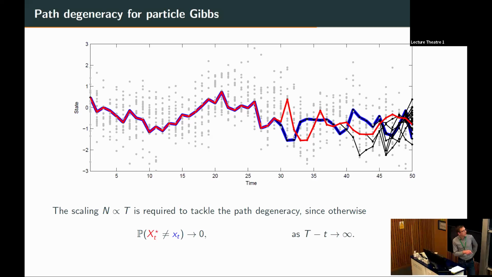This means that for early time points in this trajectory, the probability of moving goes to 0 as T becomes large, if we have a fixed number of particles. This is the degeneracy of the kernel, as I said. We require at least this linear scaling to have a non-vanishing probability of moving at time 0.